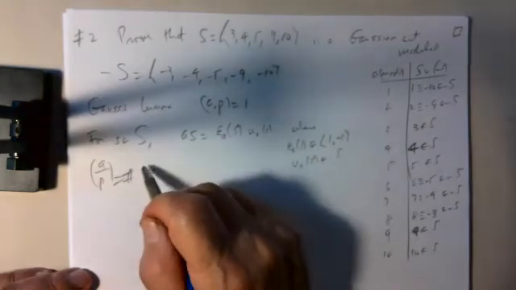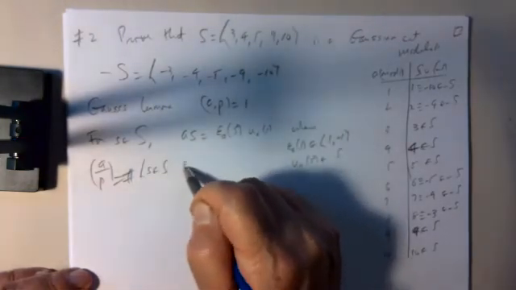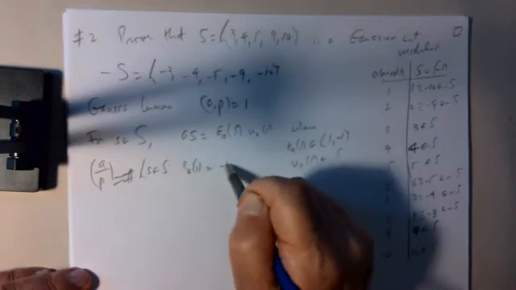It's the number of s in S where epsilon sub a of s is minus 1.